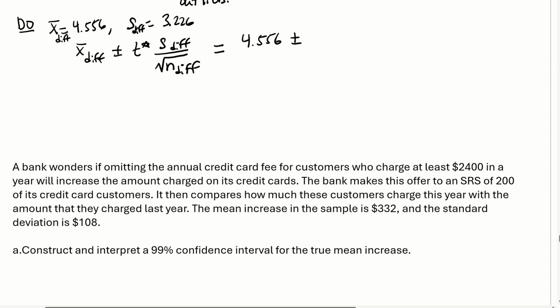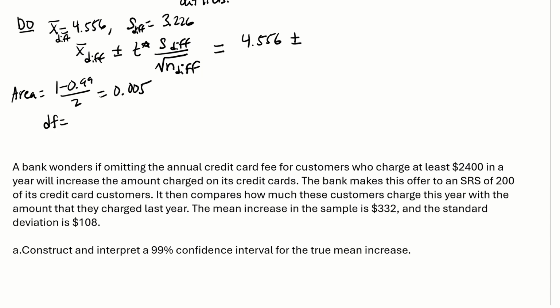Now we need to find t star, so let's go ahead and do that. So we're doing a 99% confidence interval. So 1 minus 0.99 divided by 2 is 0.005. And we need our degrees of freedom. So our df is equal to 16 minus 1, which is 15. So we're going to look up our t star. We can do it on the calculator or we can look it up on the table.